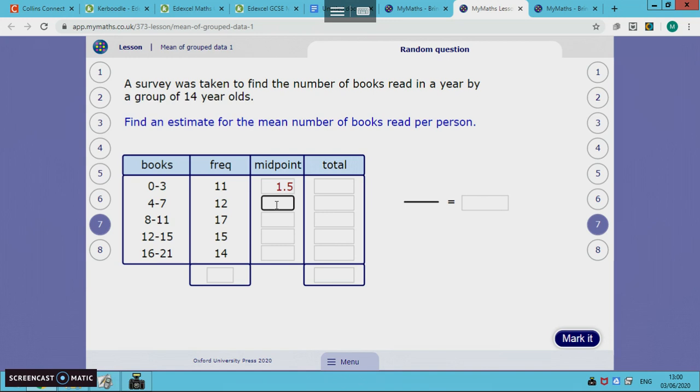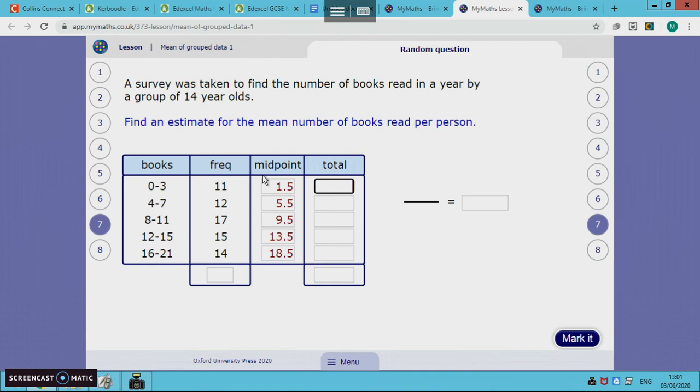Midpoint of 4 and 7 is 5.5. Midpoint of 8 to 11 is 9.5. 12 to 15 is 13.5. And 16 to 21, I'm just going to add them together to make sure, is 18.5 for the midpoint.